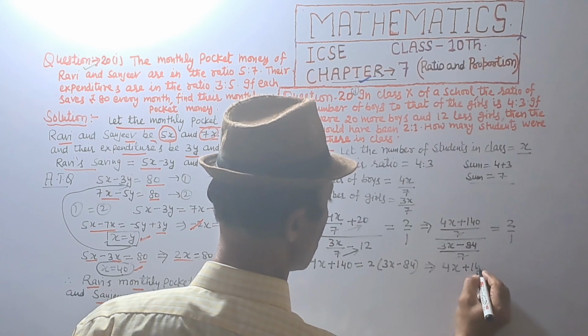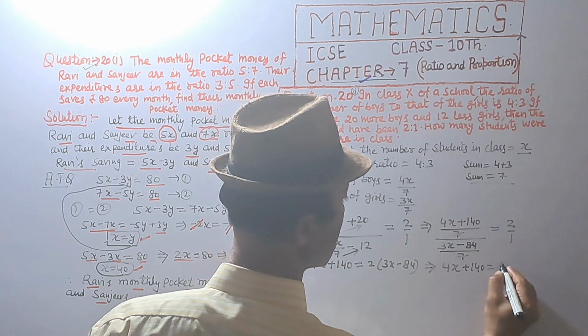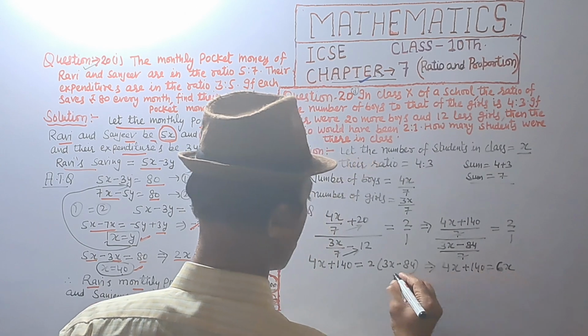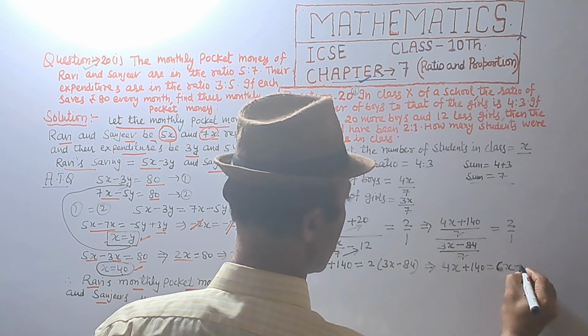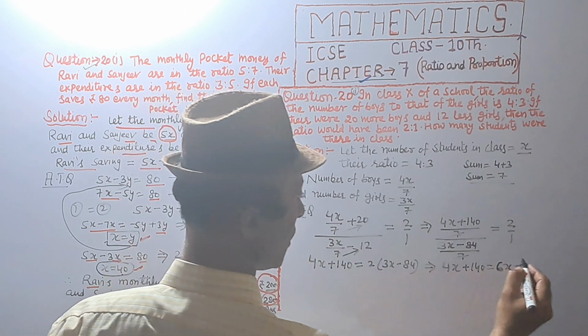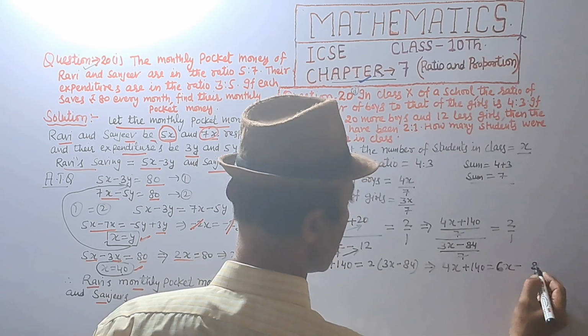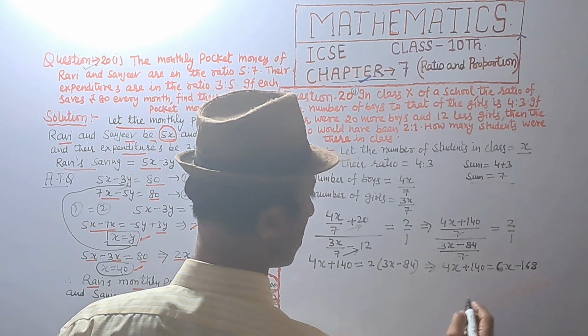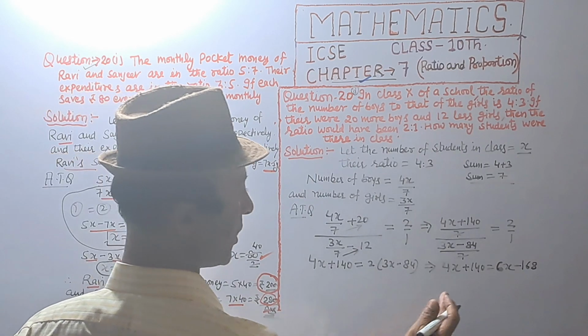Which implies 4x plus 140 is equal to 6x minus 168, 2 times 84 being 168.